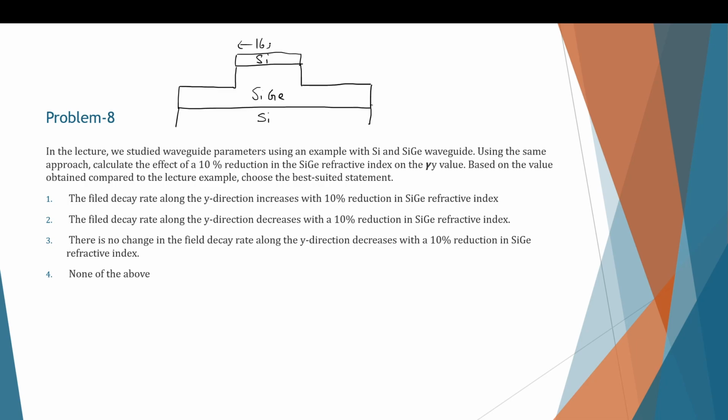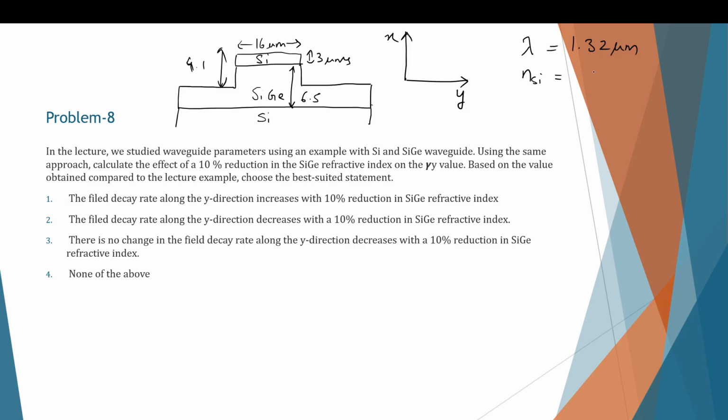And this is 16 micrometers. This is 3 microns. This is 4.1 micron, 4.1, and this is 6.5. Okay, and the axes they have defined as x is this, y is this. And the other things that they have given in the lecture: lambda equal to 1.32 micrometers.